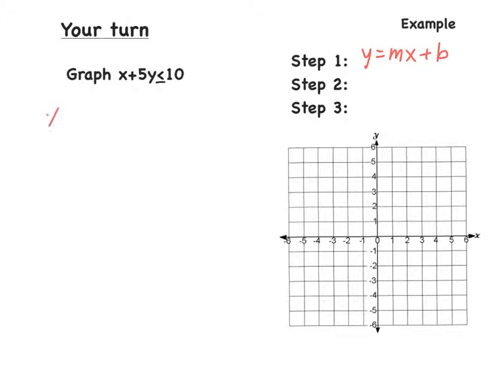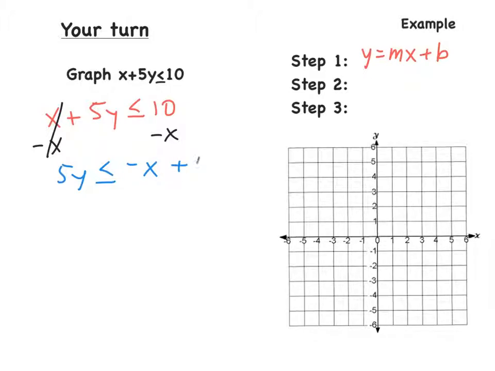So if we have x plus 5y is less than or equal to 10, I will move x over to the right first. So then we just have 5y is less than or equal to negative x plus 10. I then need to get y by itself.